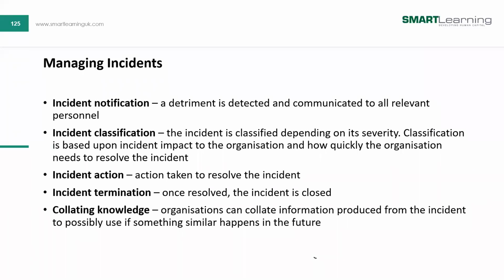It's then classified in order of its weight and the severity or impact it can have. Then an action is taken to resolve it, and once resolved, it is closed. So that's the incident termination. And finally, there must be lessons learned. When auditors come, they will look at what procedure you use for your incident management, because every aspect of 27001 will be audited for its completeness and for its effectiveness as well.